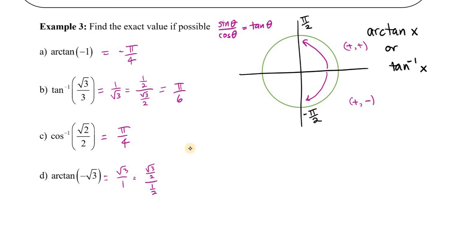So either we need to figure out what the sine is at root 3 over 2, or we need to figure out what the cosine is at 1/2. And if we do that, we get pi over 3, but it needs to be in the fourth quadrant, so we're going to call it negative pi over 3.